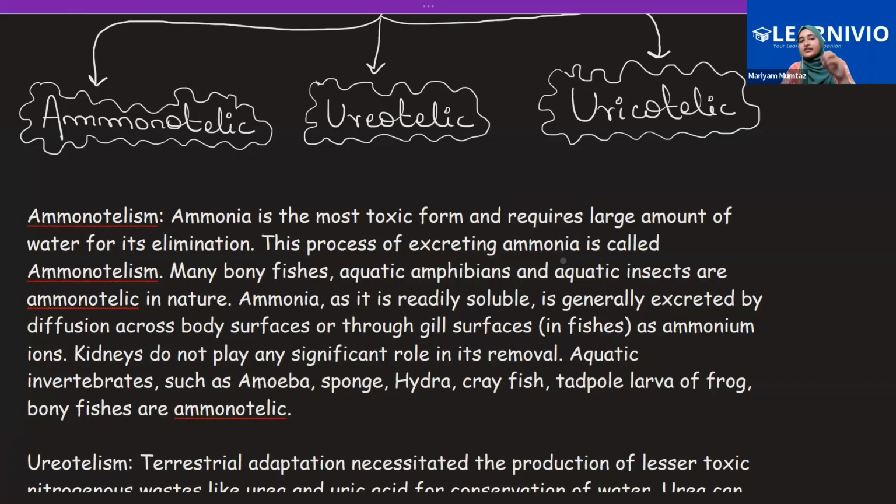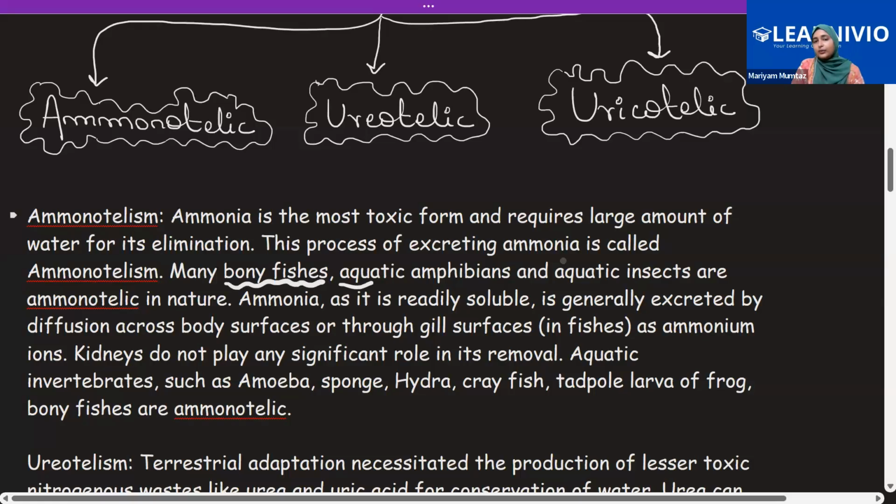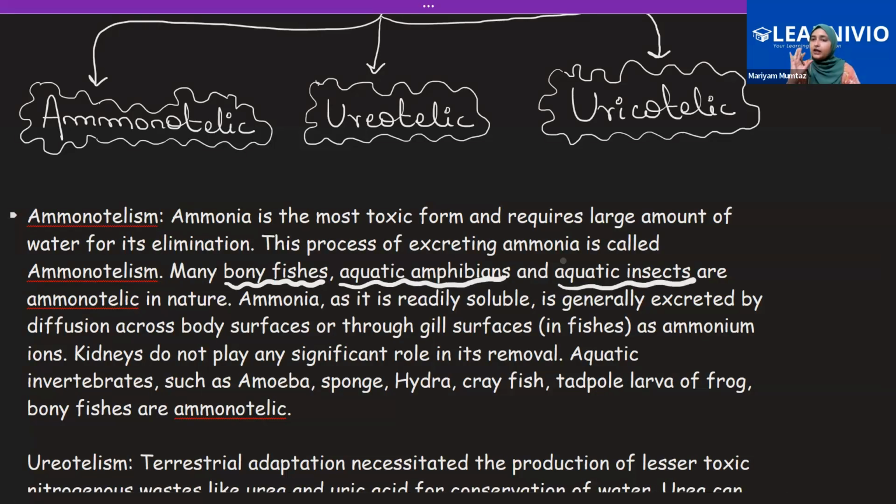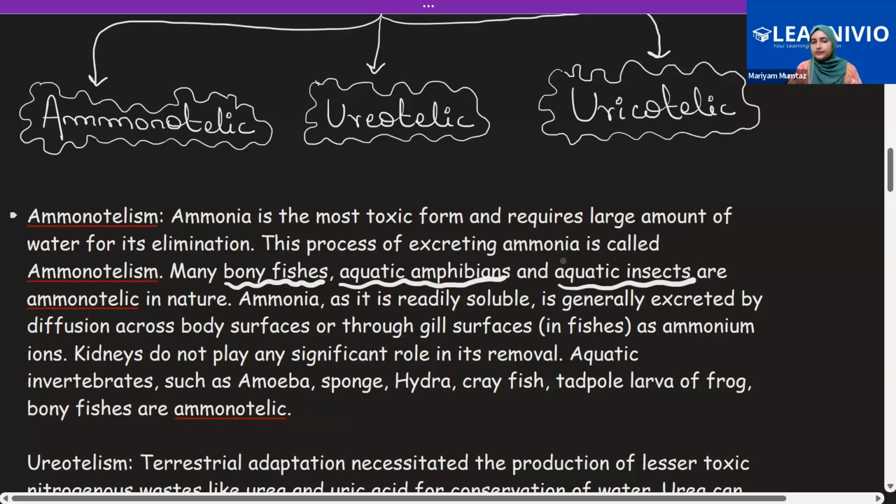The process of excreting ammonia as the nitrogenous waste is called ammonotelism. Mostly this is for aquatic organisms like the bony fishes, the aquatic amphibians, the aquatic insects. So the aquatic organisms are ammoniotelic in nature. It means that they have ammonia as their excretory product.